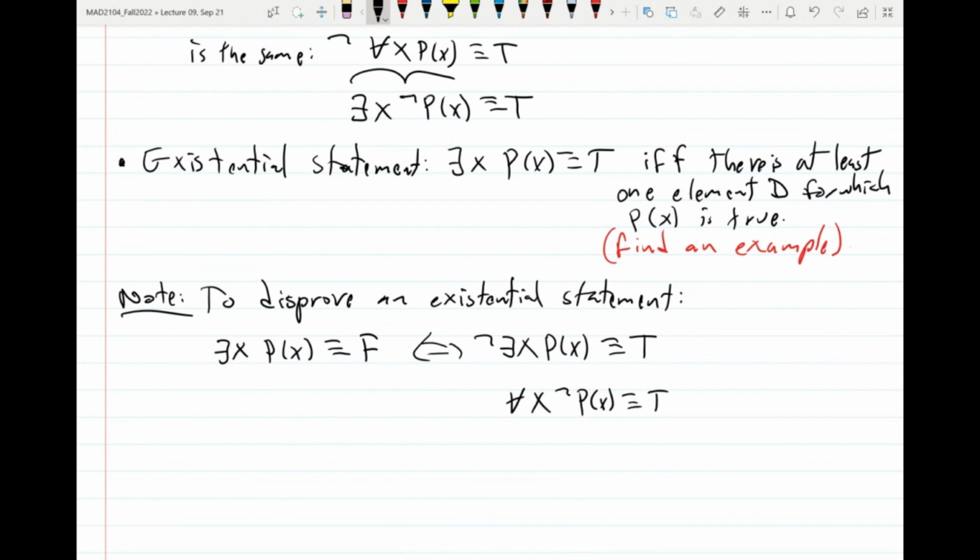In other words, if you want to disprove an existential, this turns into a universal, and then you have to show that this universal is true. You have to show that for all x, P doesn't work. No matter what x you pick, you have an issue with P. Okay? So this gives you a way to tackle problems and approach certain situations. This is very general, but we need this as we move forward.